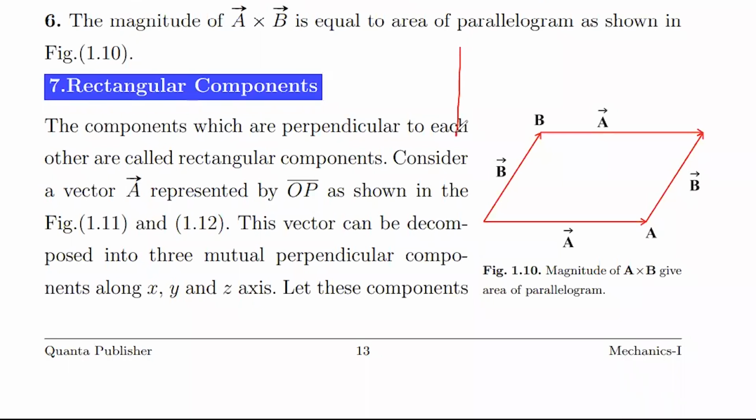Let us draw a plane here. Suppose there is a vector A, and we draw a projection from the head of vector A on the x-axis. Now we will label this one as the horizontal component and we will write here AX.